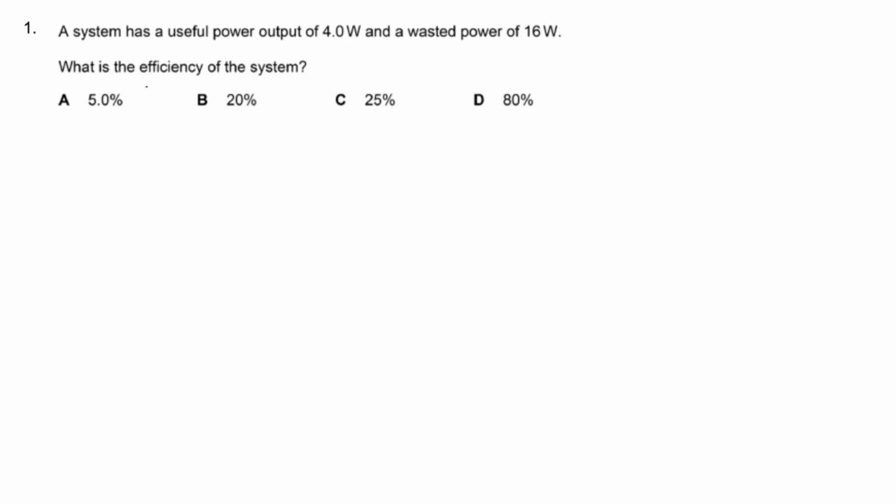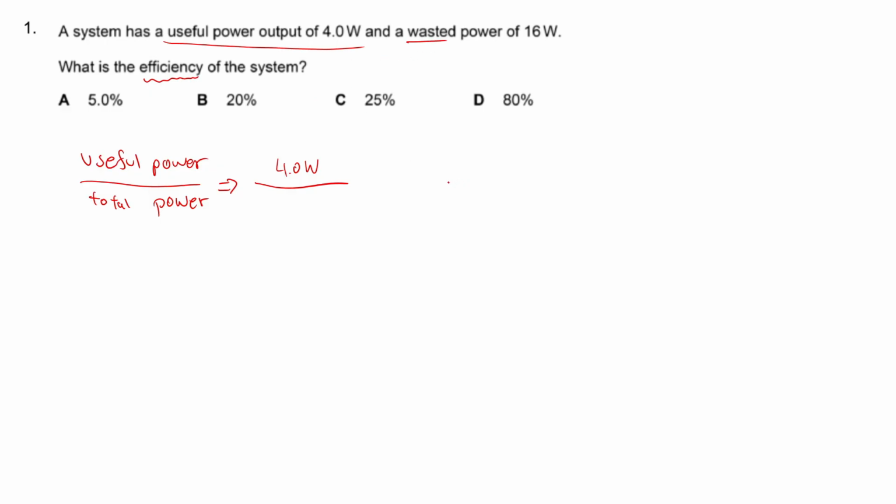Okay, so the efficiency of the system is actually the useful power divided by the total power, right? So in this case, our useful power is 4.0 watts divided by our total power, which is going to be the useful and then the wasted, because useful plus wasted is equal to total.